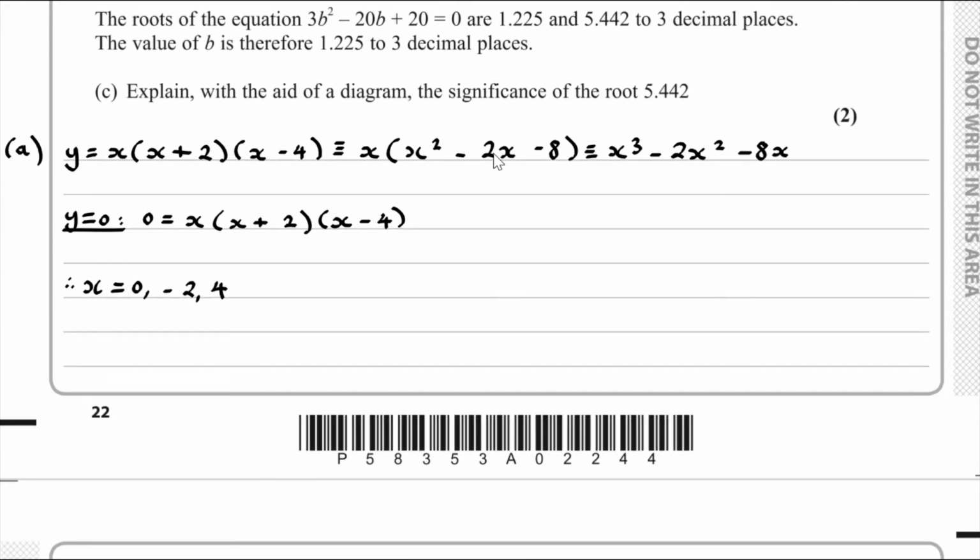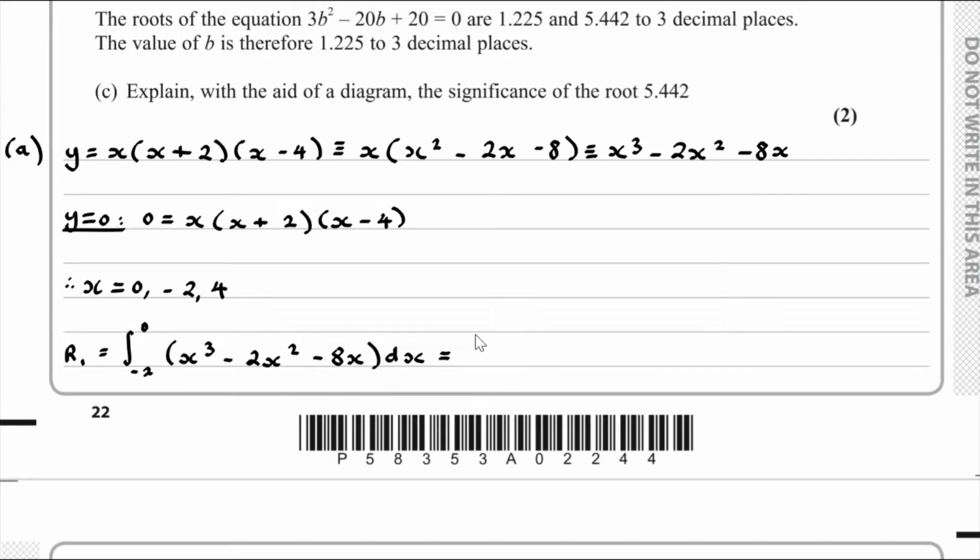So the area of R1 will equal the integral from -2 to 0 of x³ - 2x² - 8x with respect to x.